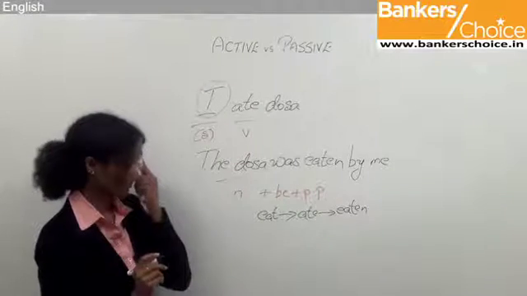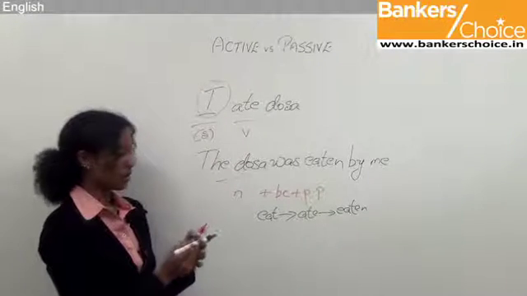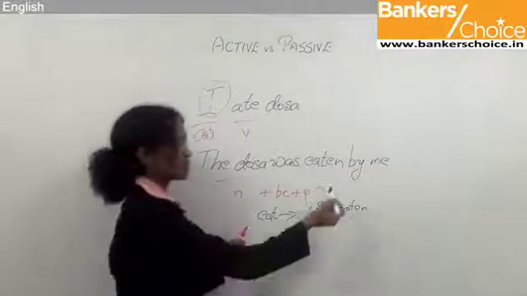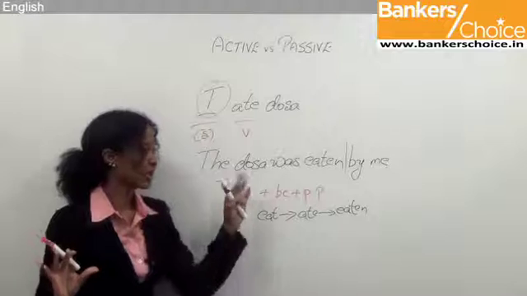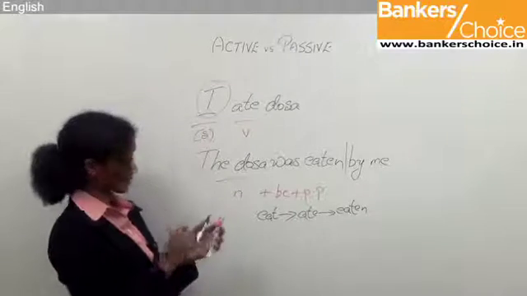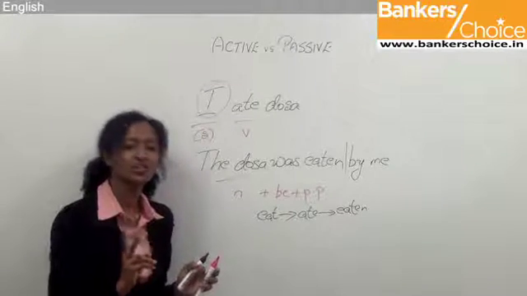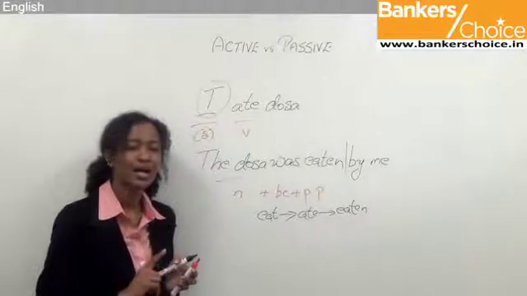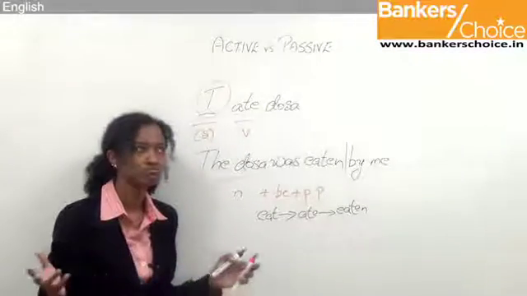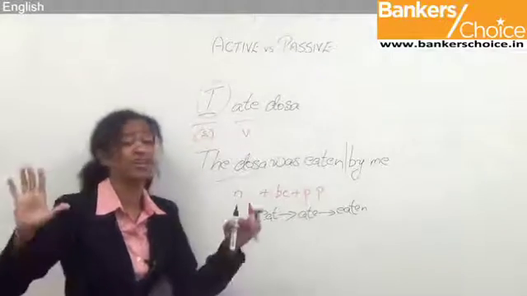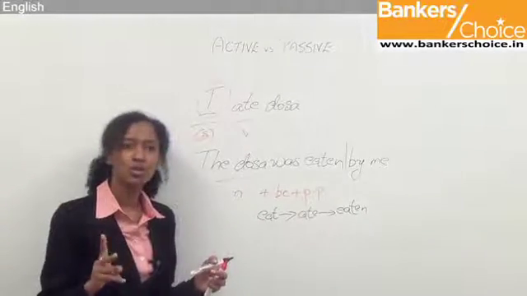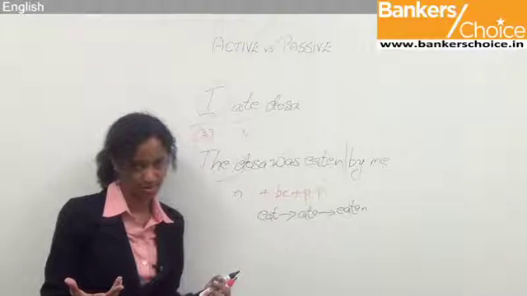Right? Okay. So now, sometimes I don't necessarily have to write this by me because the focus is on the action, like I said. So for the passive voice, there are two things that you need to keep in mind. One, I use the passive when it doesn't matter who the subject is, or I don't care who the subject is. Two, I don't know who the subject is, right?